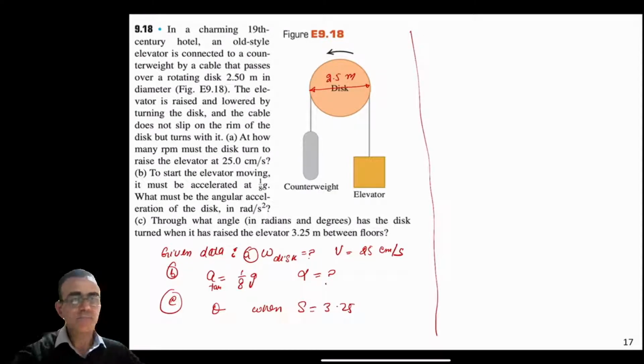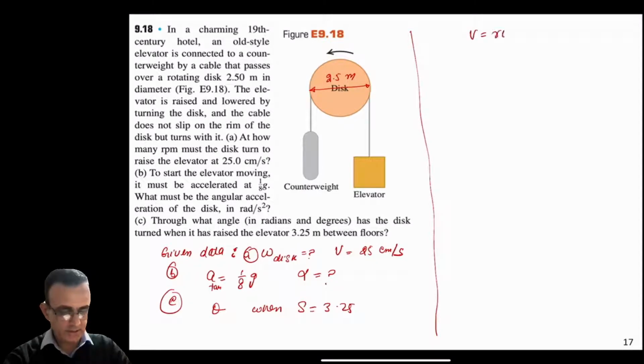Okay, so in the first case, we will use this equation here: v is equal to r omega. You are given velocity, which is 0.25, and r is given, which is 2.5 divided by 2, so that will be the radius. We need to calculate omega.